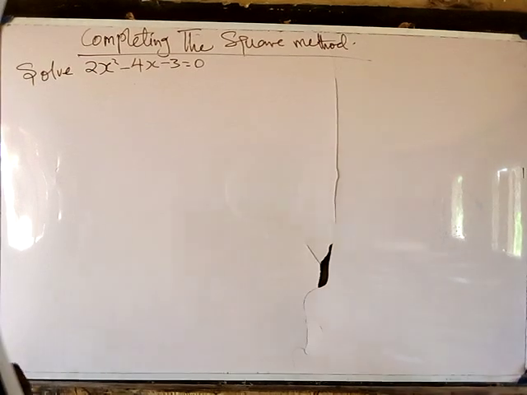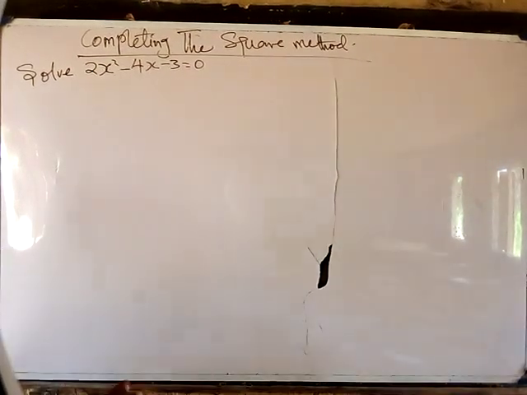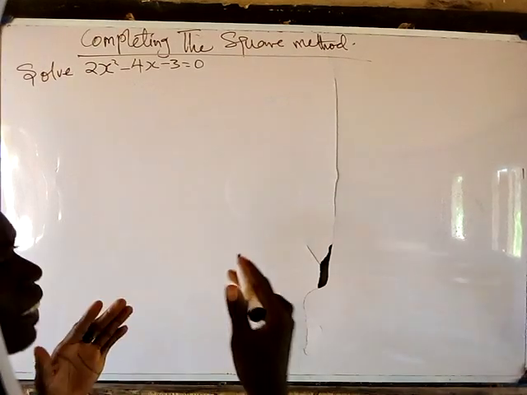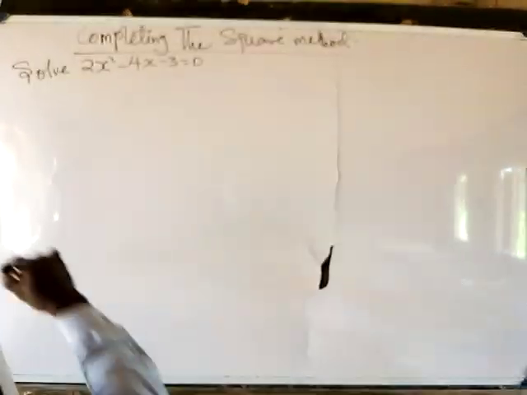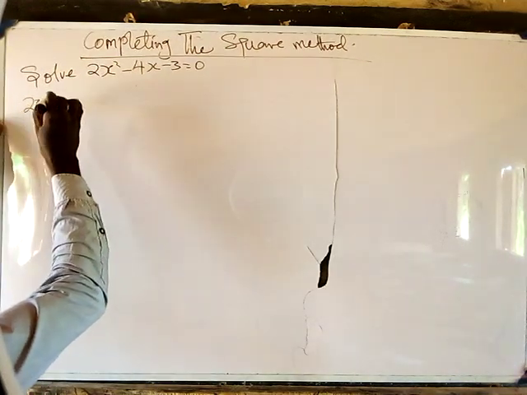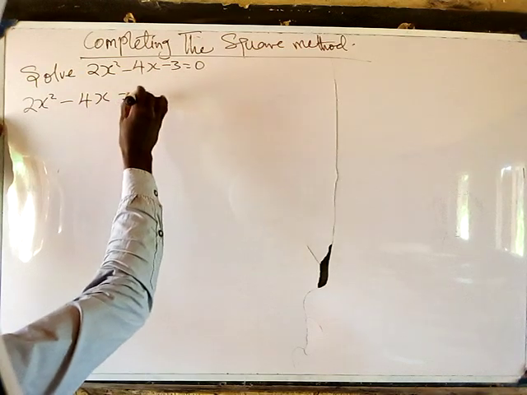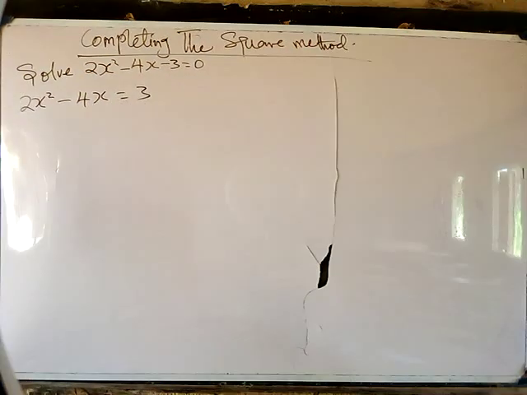Alright, so now the first step is to transfer the constant to the right hand side. So I will say 2x squared minus 4x equal to plus 3, because when I take minus 3 across the equality sign, it becomes plus 3. Is that understood? So what is the next step?